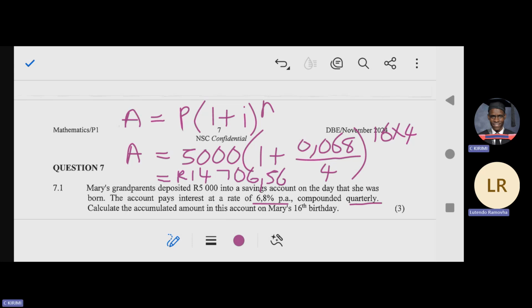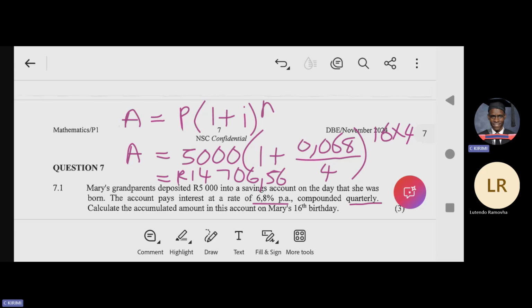That's correct. That one. 56 cents. Yes. Now let's move. So calculate the accumulated amount. So that is the accumulated amount, isn't it? Yes. Then you get your 3 marks.